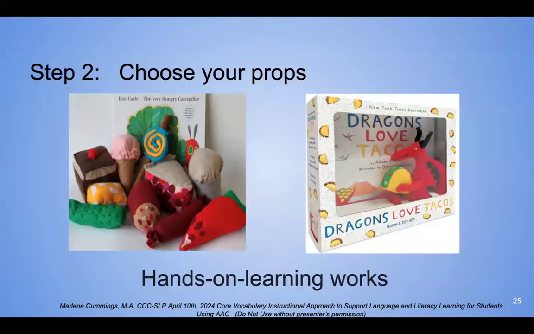Then we're going to pick props. We know how powerful hands-on learning is. I was in early childhood, so I fully understand the nightmare of things in the classroom, of core symbols, of lots of objects and felt and all kinds of things, magnetic letters. But over time, our students truly learn what to do with them, how to use them, and how to respect them.